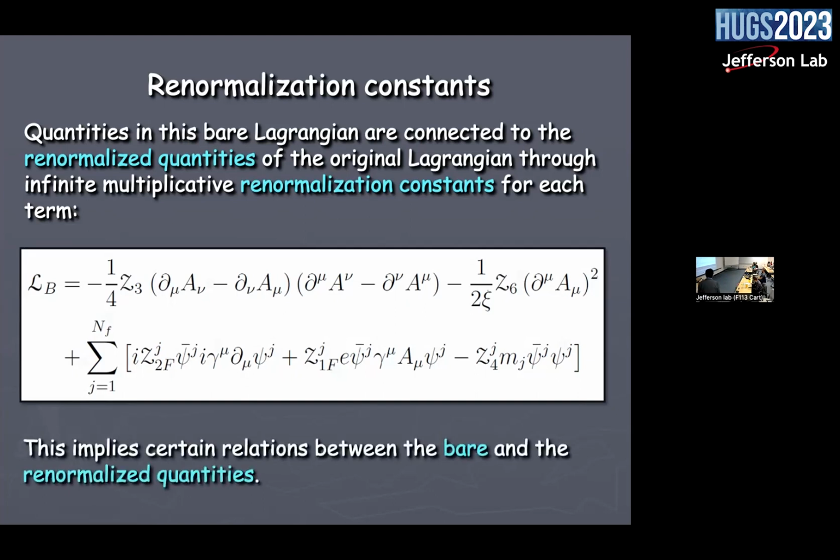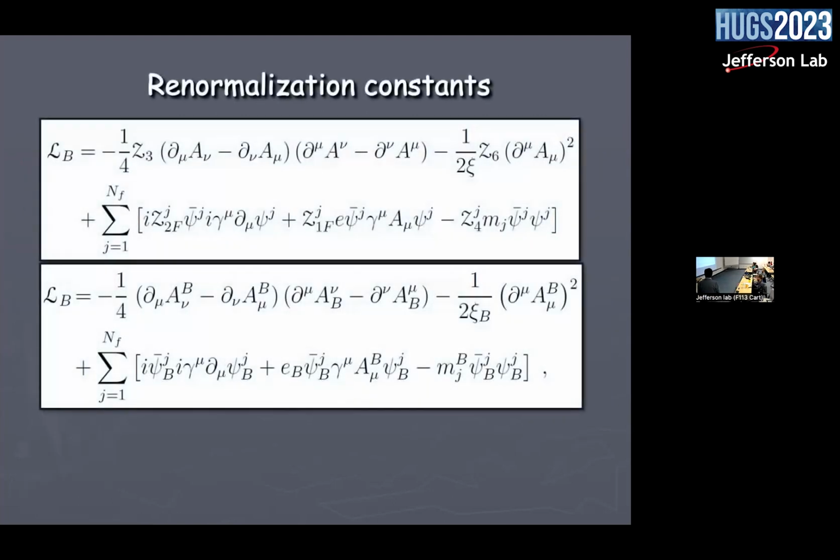Okay. So this implies a certain relationship between the bare and the renormalized quantities. You can write it in 2 different ways, and therefore you connect these things with each other. I hope I don't make it confusing. So I'm saying that the same bare Lagrangian, you can write in 2 possible ways.